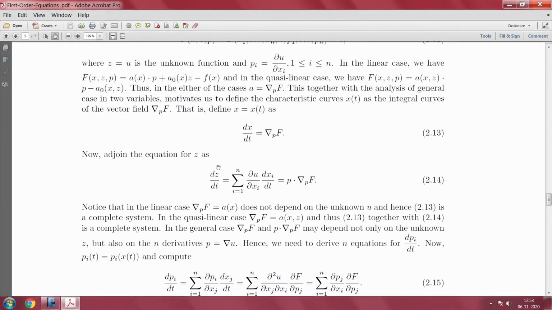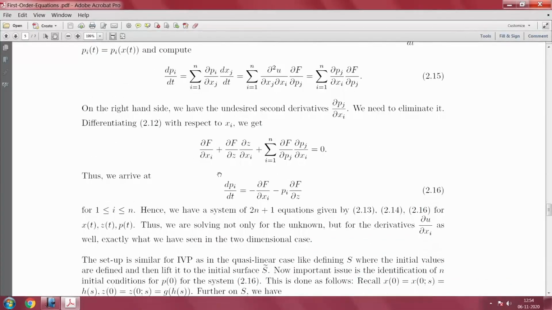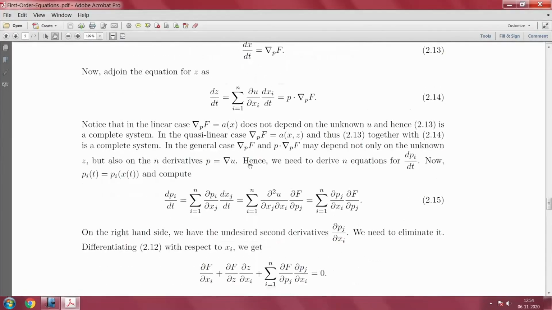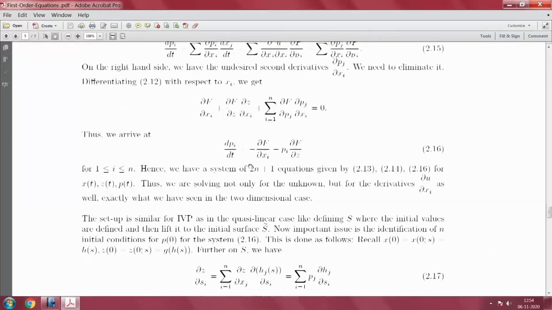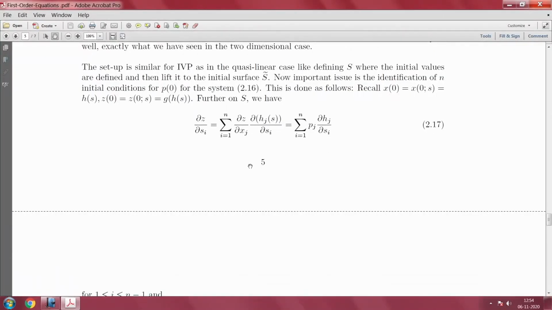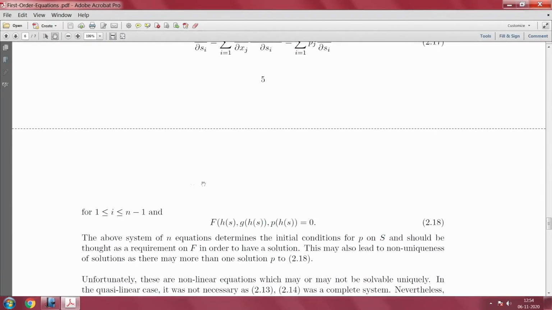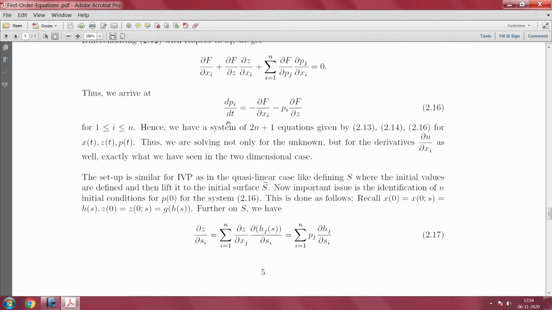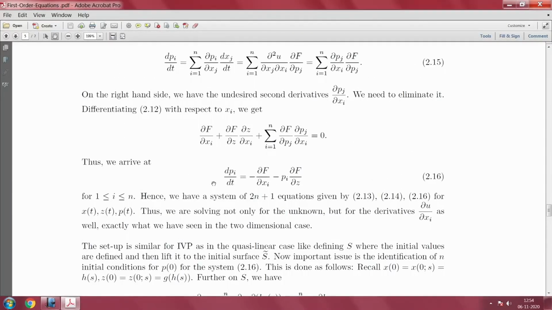So, for x and z there is absolutely no problem, but for p there is no initial condition. So, we cannot really solve this set of 2 n plus 1 ODEs, and we are assuming that there are functions which qualify to be initial conditions for these p equations.